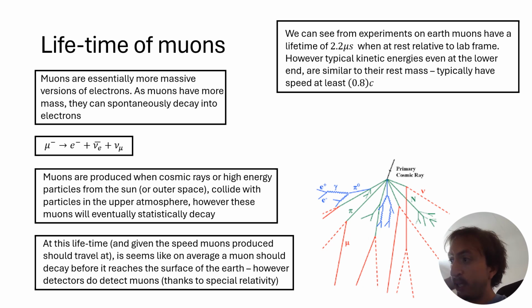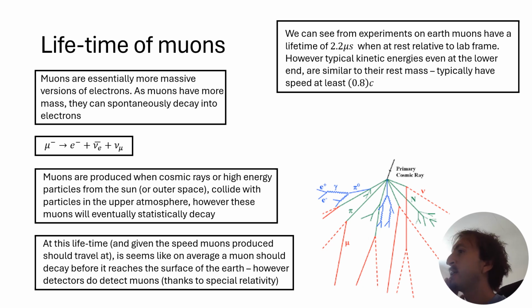But almost always, for us to detect them due to time dilation, we would require that the muons have kinetic energy similar, if not significantly greater than their mass. And we'll look at the formula for kinetic energy in the next video.